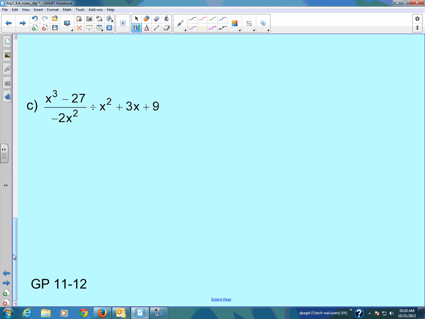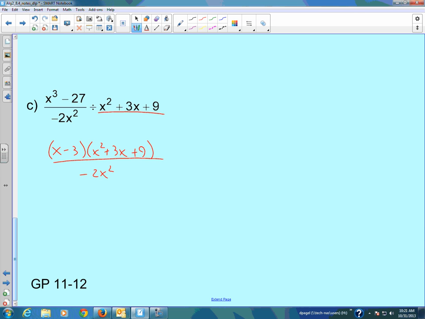And then lastly here, I'm going to go ahead and factor on the fly. x squared, 3x, and 9 all over negative 2x squared.